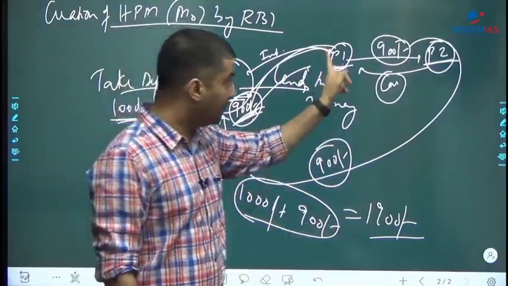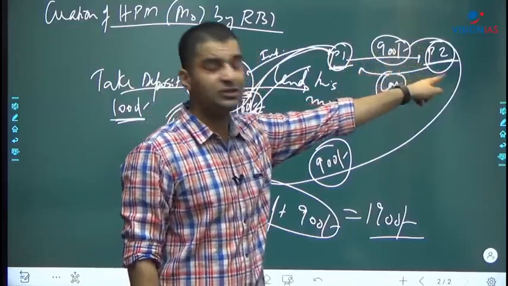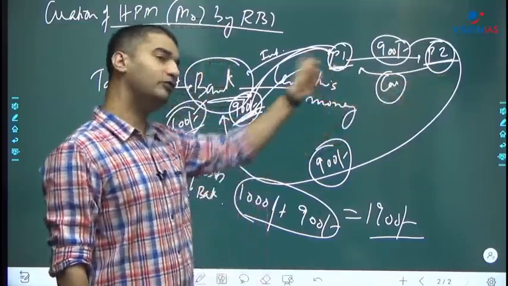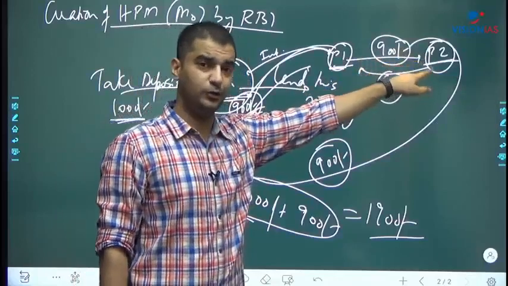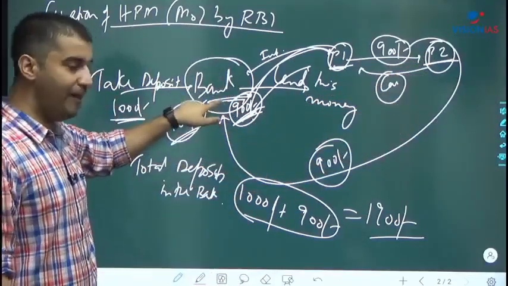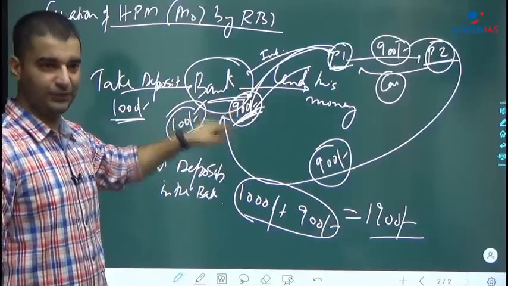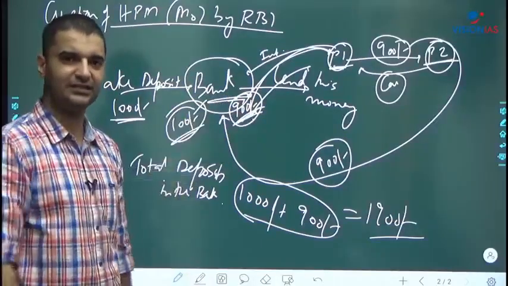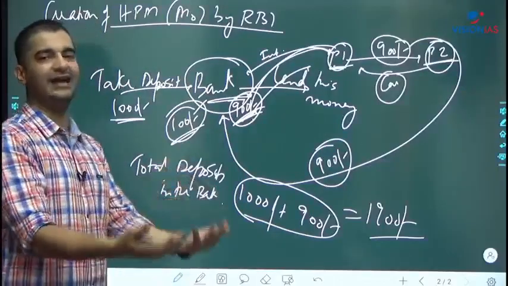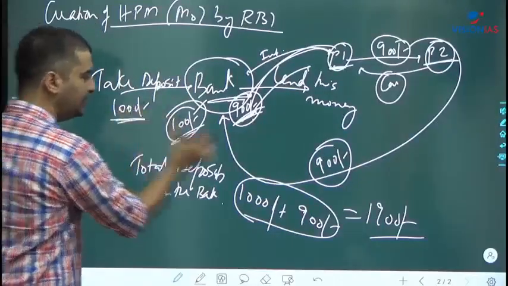Therefore, now this 900 rupees becomes P2's money. P1 को वापस करने हैं. P1 has to return this money to the bank, but now 900 rupees becomes P2's money and it gets to the bank back in the form of deposits. Therefore, deposits of the public with the banking system have increased. Hence, money supply has increased from 1000 to 1900.